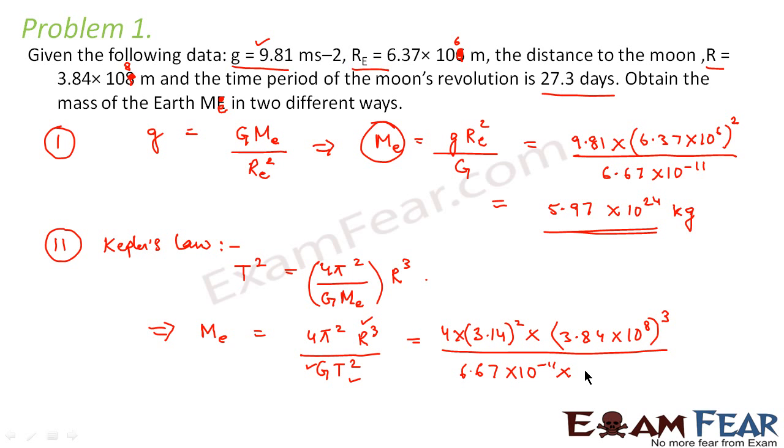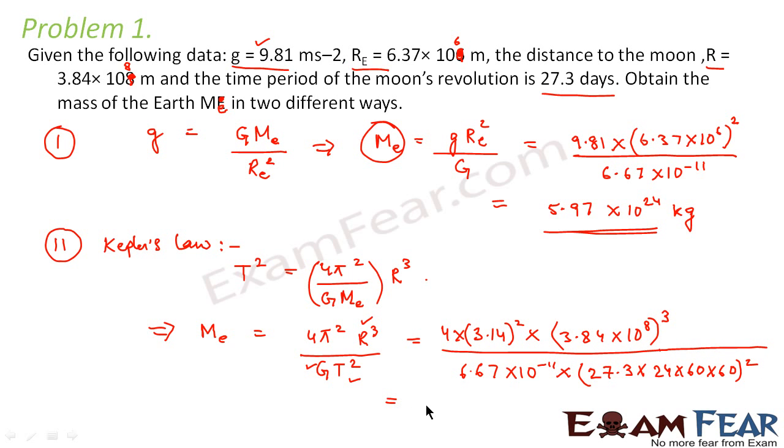M_e, that is the mass of the earth, is something which we are evaluating, right? So it is T square. So T is 27.3 days. So 27.3 into 24 into 60 into 60. So this is in seconds. So this square. Now you calculate this value.